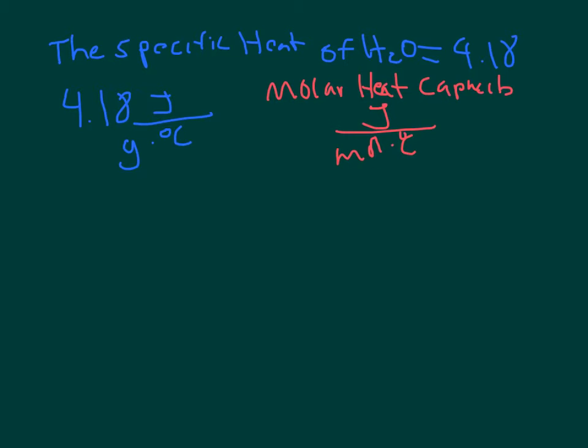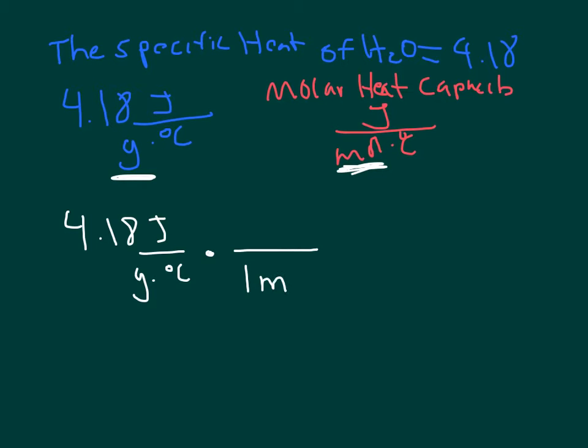So now we just have some dimensional analysis. We have 4.18 joules per gram times degrees Celsius multiplied by what over what? We want moles down here, but we have grams down here right now, so we have to get 1 mole down here. And how many grams is in 1 mole?